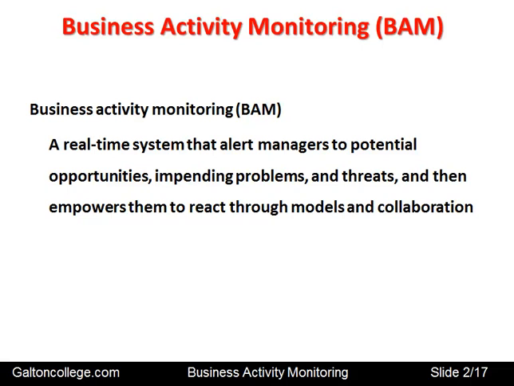And whatever the issue is, whatever the potential opportunity is, or the problem or the threat, then the business activity monitoring process enables managers to react through looking at models, trying to solve the problem by conceptualization, by looking at the problem, perhaps making sketches of the problem and trying to analyze what's the best way forward, and then collaboration, trying to involve other managers and people from different sections of the business and asking for opinions and brainstorming solutions.